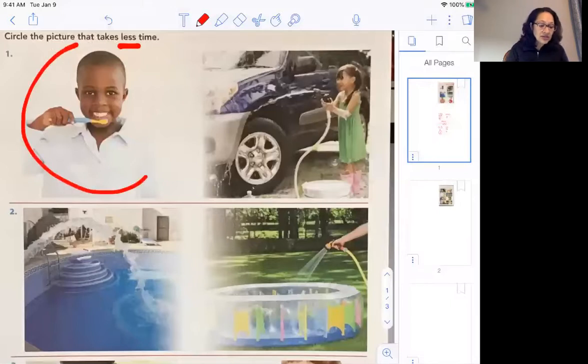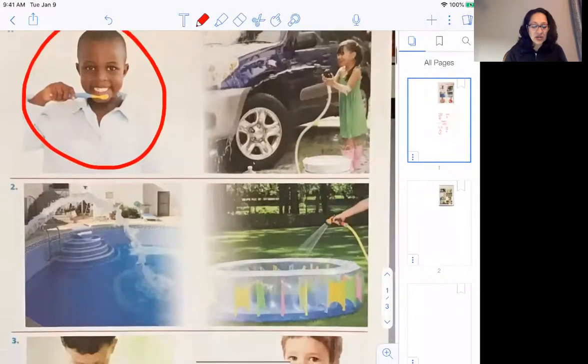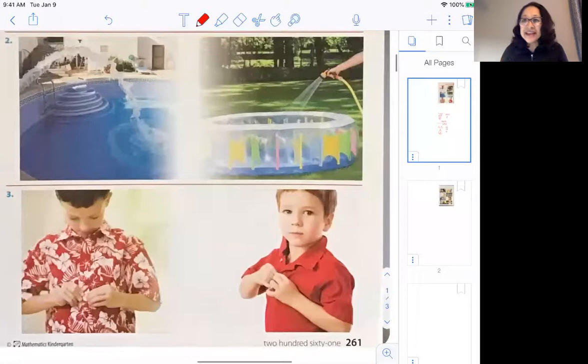Here we go. You're going to circle the little boy because it takes less time to brush your teeth than to wash a car. There's a lot of things you need to do to finish washing the car, right? Alrighty. You have to make sure that the wheels are clean and that the windows are wiped and the car is dry and everything, right? It takes a lot of time.